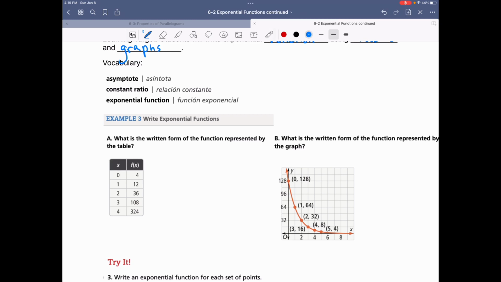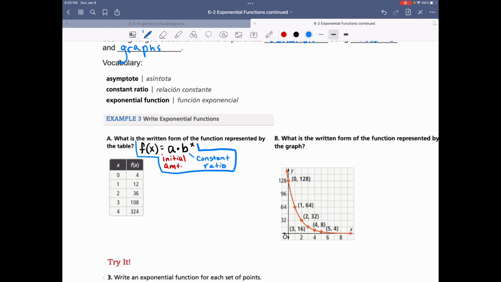So the function rule for exponential functions is f of x equals a dot b to the x, where a is the initial amount and b is the constant ratio. So that's something that you're going to be using today, the exponential function rule.